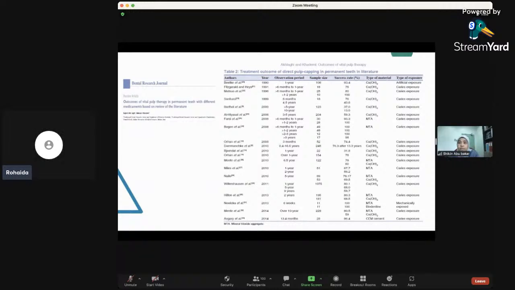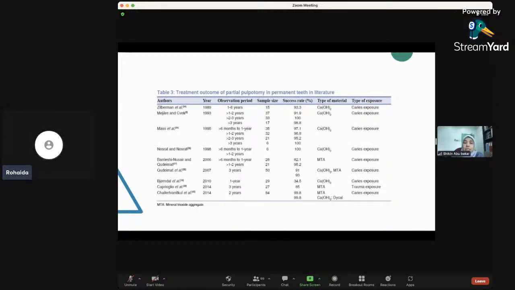But in most of the cases here, the follow-up is up to 1 or 2 years, which gives a good success rate. But when we look at partial pulpotomy, in most of the cases the researchers followed up the patient for more than 3 years, and you see the success rate is higher as compared to DPT.